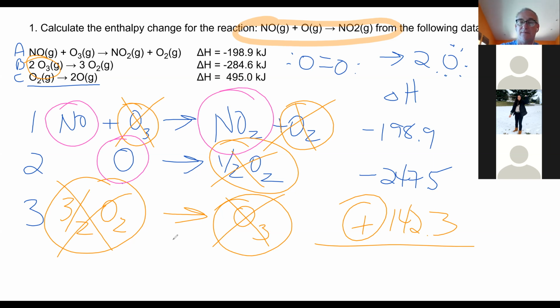And so we can just take these 3 enthalpies and add them together. So what do we come out with? NO reacts with O, and then we will have NO2. And what's our heat?